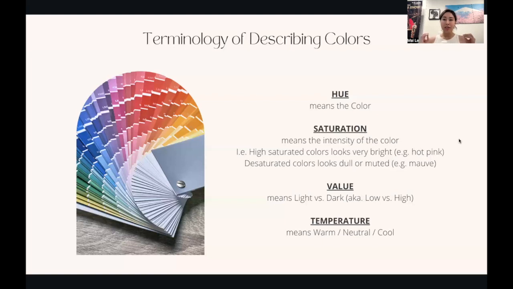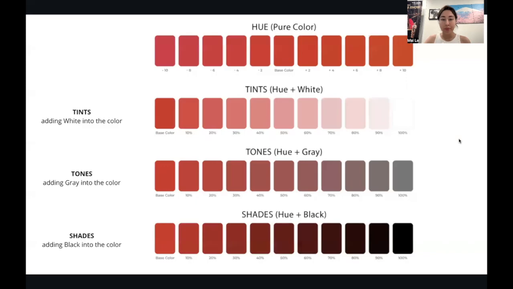These are terms used amongst professionals, even in lip blush. But when you're actually working on clients, you rarely use them, except for temperature, because we do say a warm color or cool color, right?